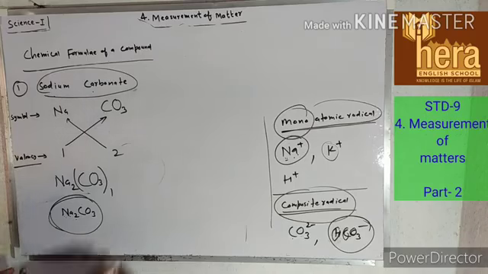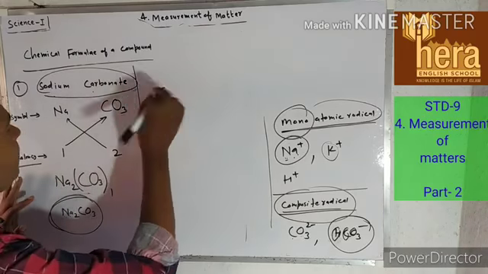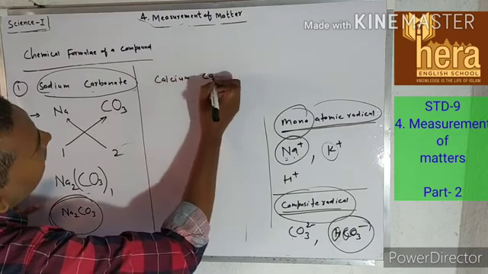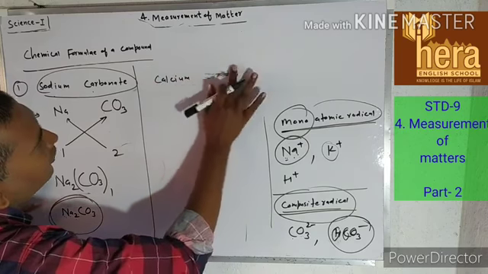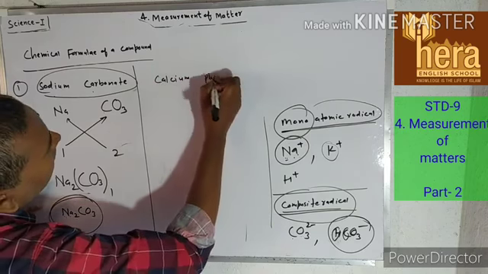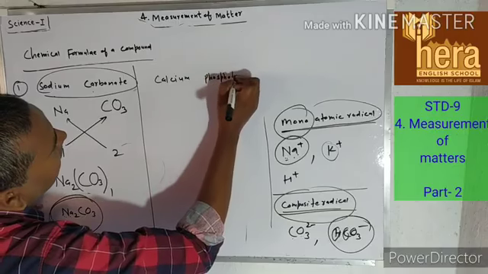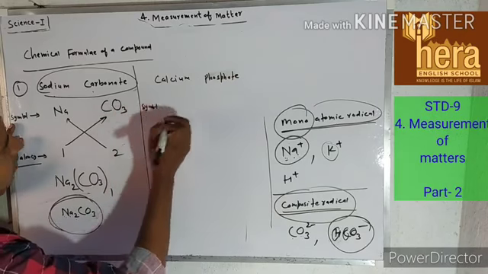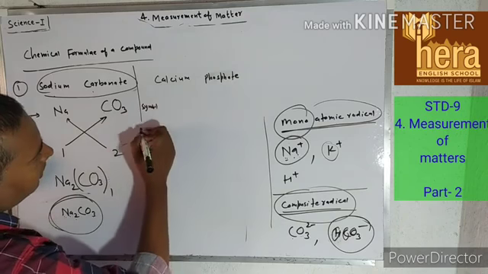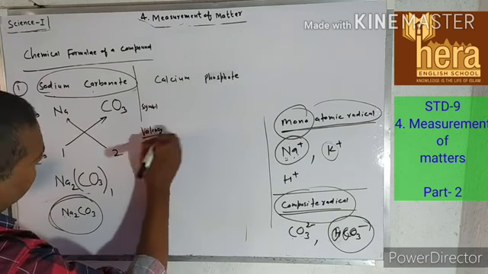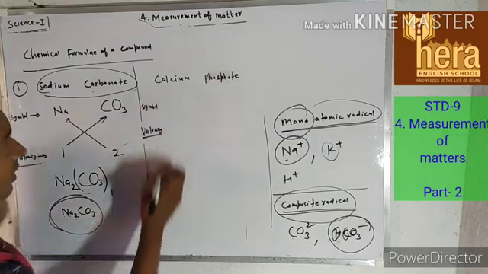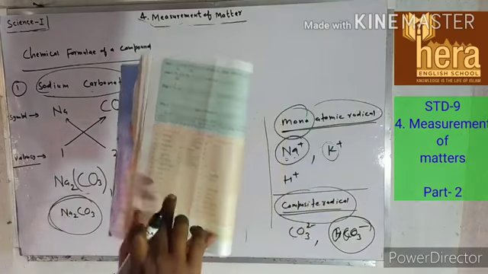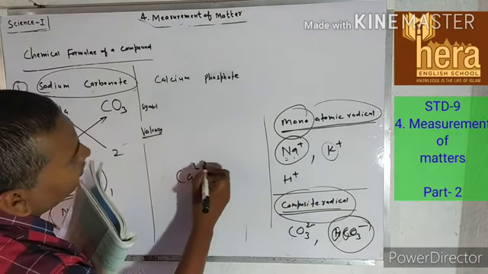Okay, right. Next, calcium phosphate. Again symbol and valency: the calcium symbol here, the radical here, the valency here. See on page number 56. The symbol of calcium, Ca2 plus, is given.